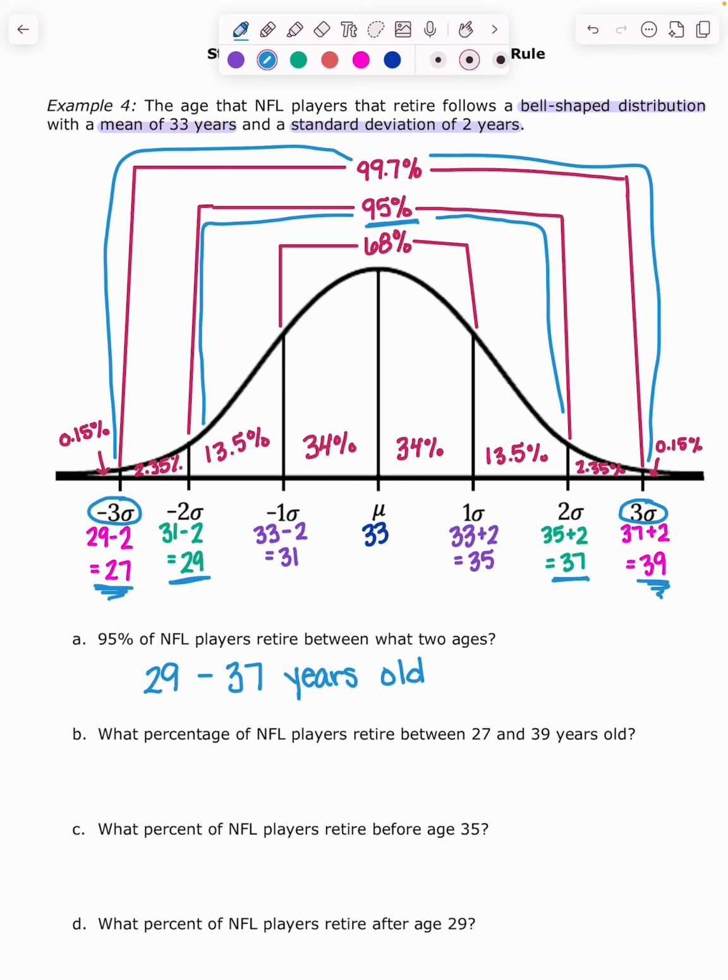For this one, it's 99.7%. So 99.7% of players are retiring between the ages of 27 and 39 years old.